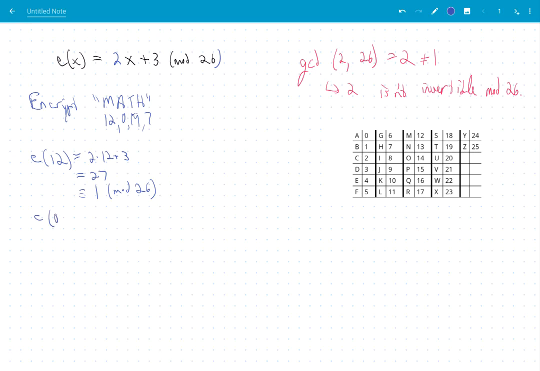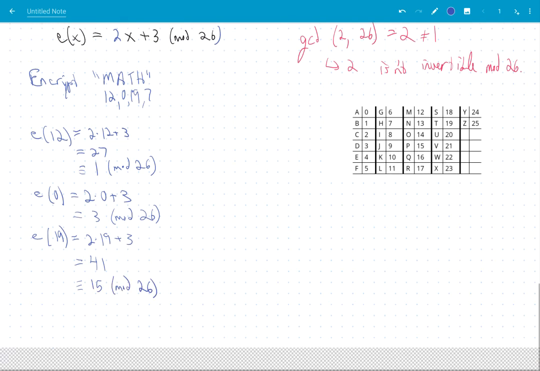E of 0 is going to be 2 times 0 plus 3, so that's just 3 mod 26. It's already reduced. E of T, that's 19, is going to be 2 times 19 plus 3, which is 38 plus 3 is 41, which is congruent, after the reduction, to 15 modulo 26.